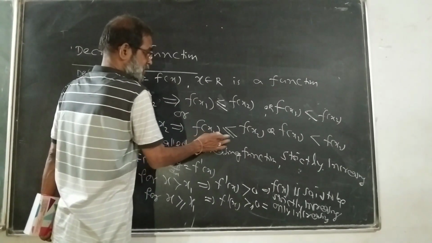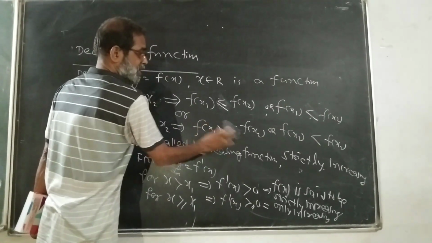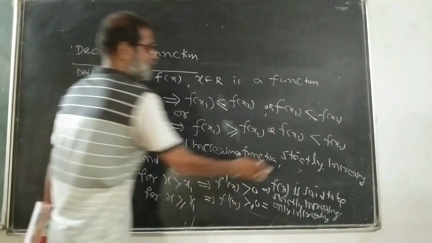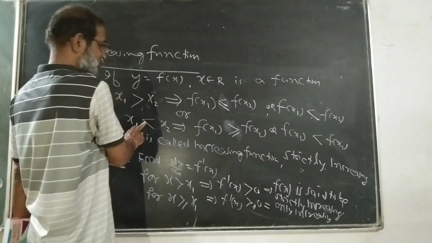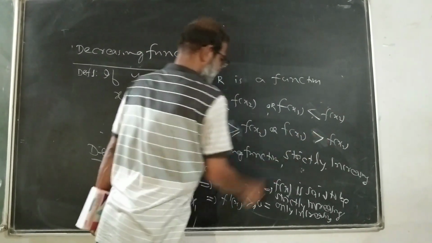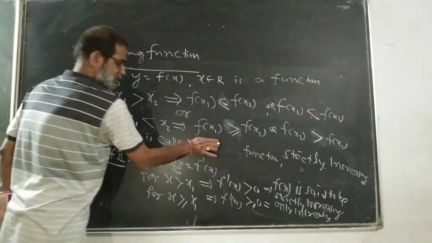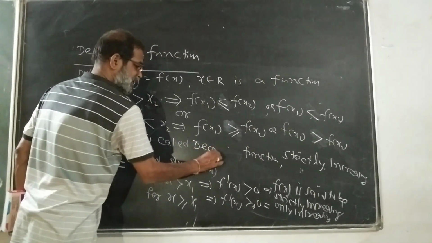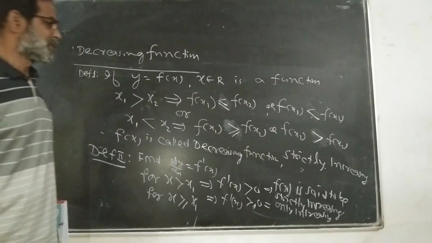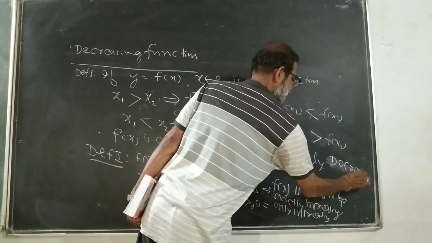the symbol here is less than, and here it becomes greater than. Now the symbol is changing: less than, greater than. Here greater than, then we say f(x) is decreasing, or strictly decreasing.